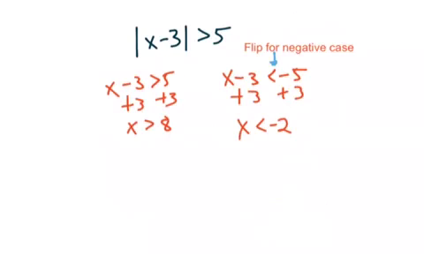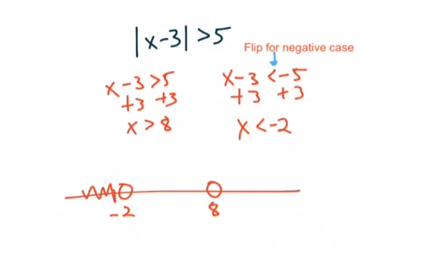Okay, so we have the same boundaries on the number line, so we're at negative 2 and 8, but this time we're either less than negative 2, so we're graphing it this way, or we are greater than 8, where we're shading it dark, greater than 8.